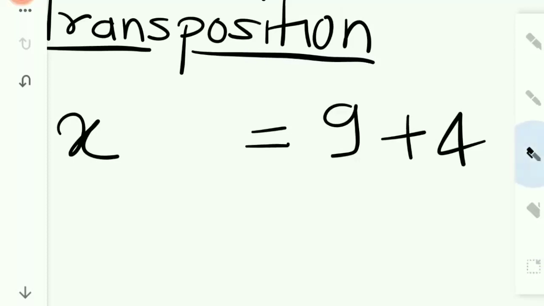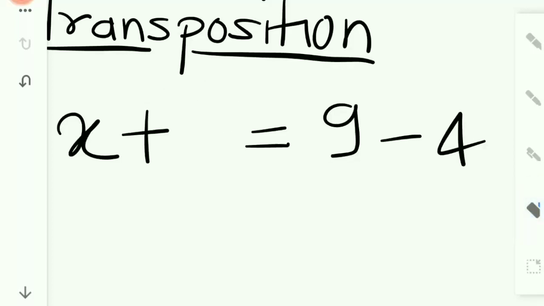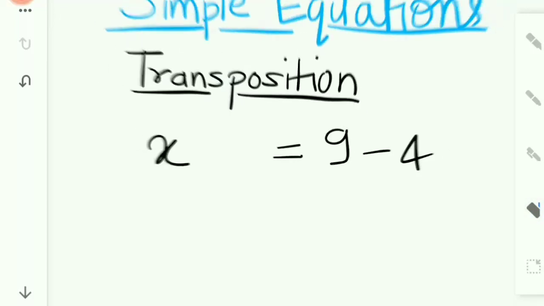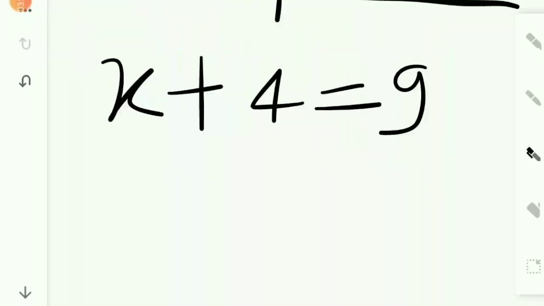Now we can't just lift it from here and keep it there. So what we do is we change the sign. That is, we take the inverse operation of this number and put it on the right hand side and remove it from the left hand side. Understood?